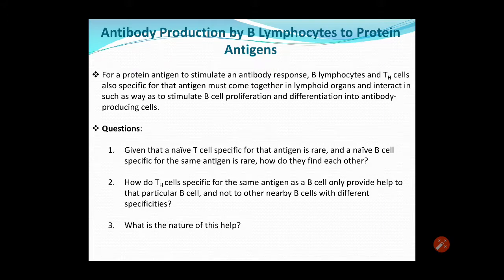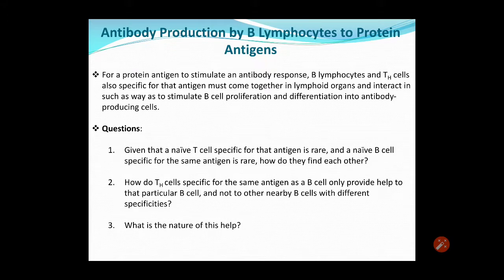When a B cell that has a surface IgM specificity for the same antigen exits the bone marrow, it goes through from one lymph node to another, but both the T and the B cell are in very small numbers, 1 in a million lymphocytes have that specificity, right? So the chances of those two meeting up are very small.